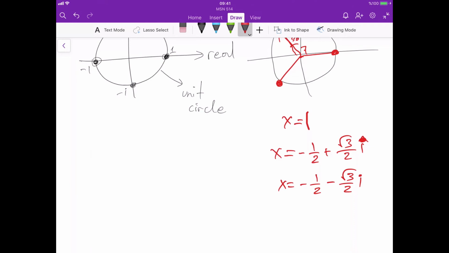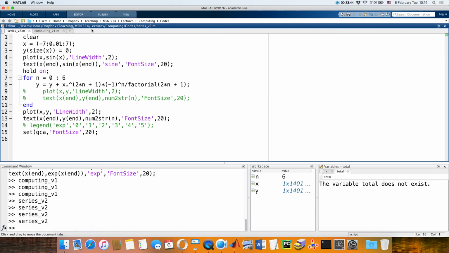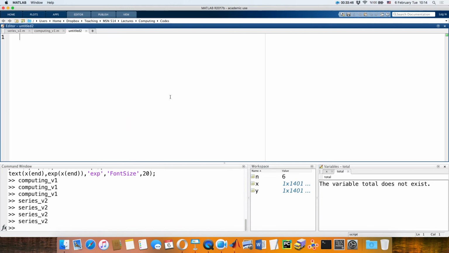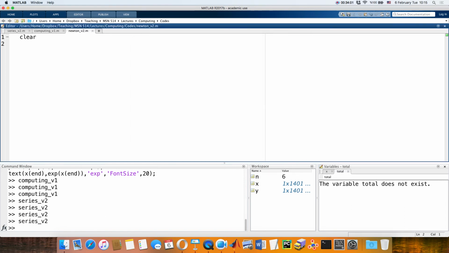Okay? Now, I want to go back to Newton-Raphson and actually write code that finds the roots of x cubed minus 1.